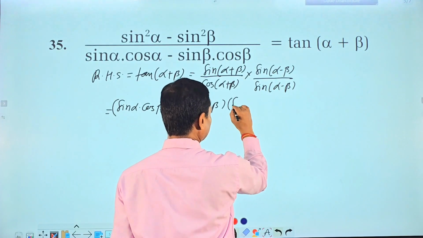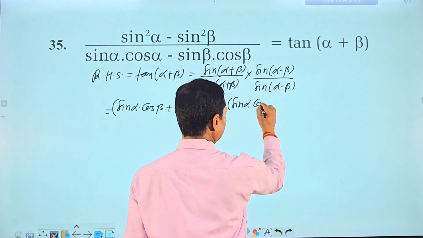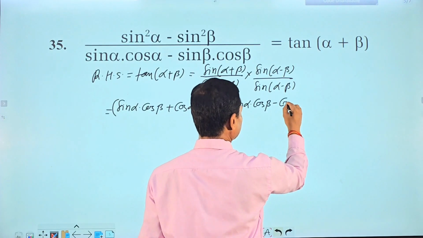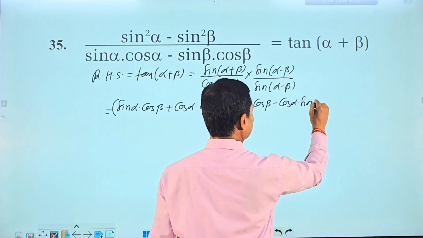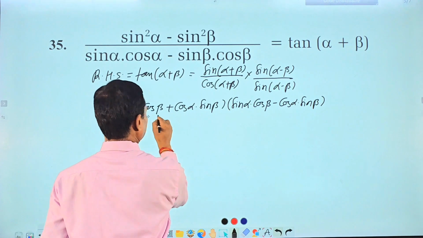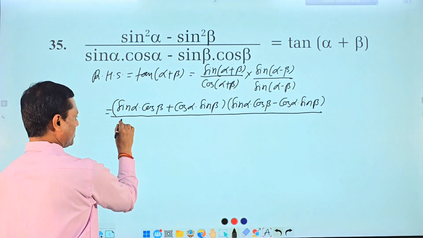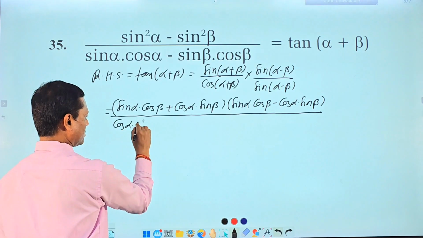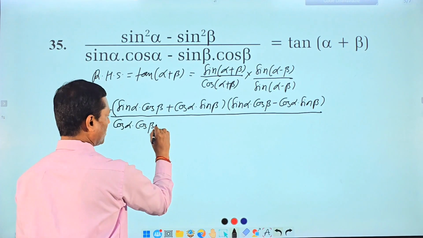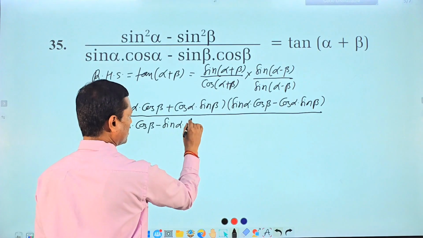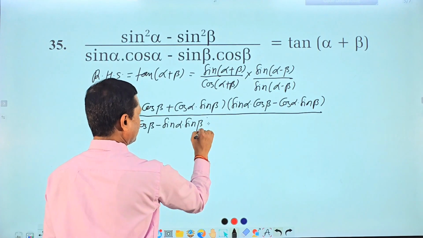Similarly here also sin alpha dot cos beta minus cos alpha dot sin beta over cos alpha plus beta, that's cos a plus b, cos alpha dot cos beta minus sin alpha dot sin beta. Isn't it?